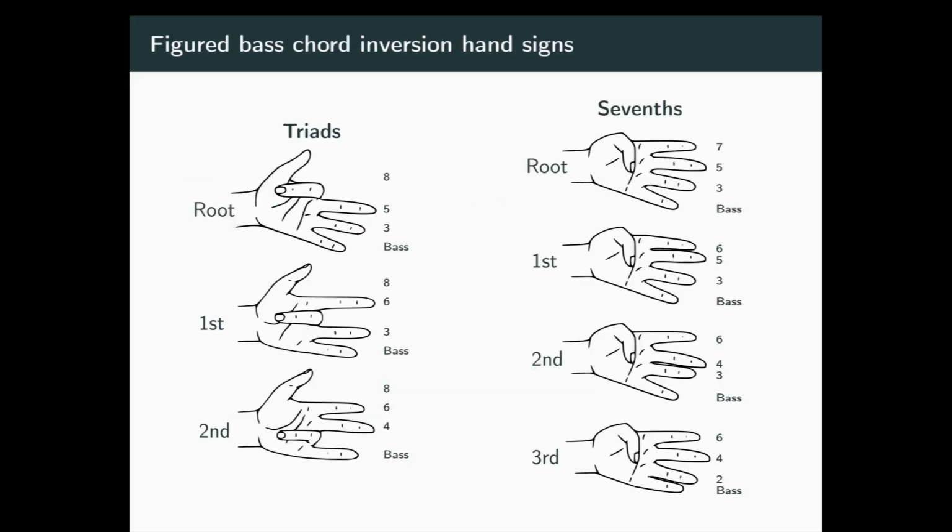Here's a useful visual and kinesthetic way of remembering the figured bass symbols for each of the triad and 7th chord inversions. In all of these hand signs, your pinky represents the bass note.